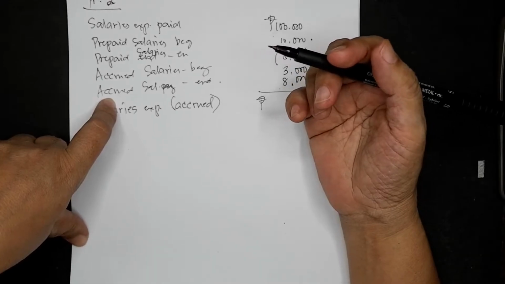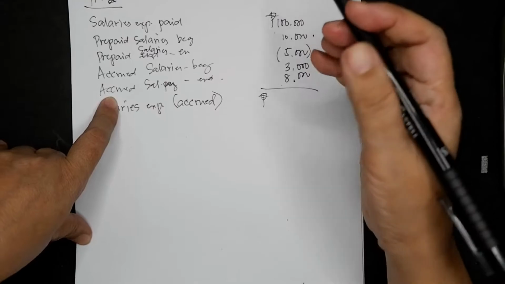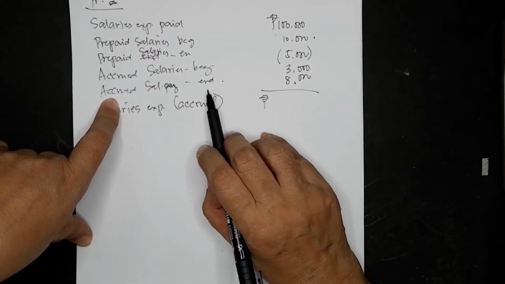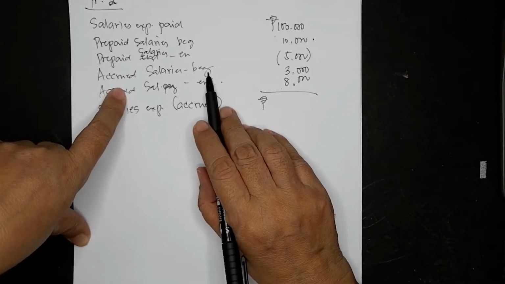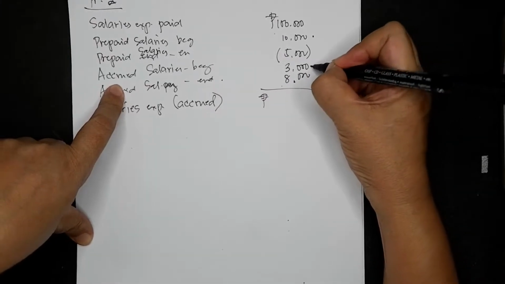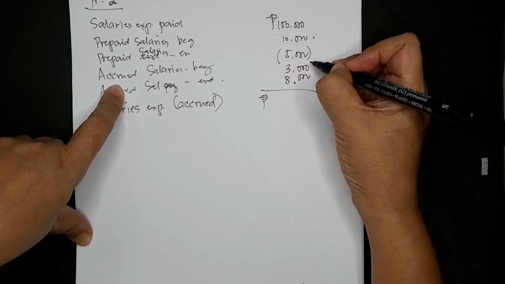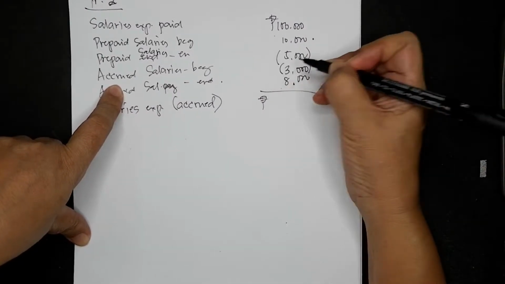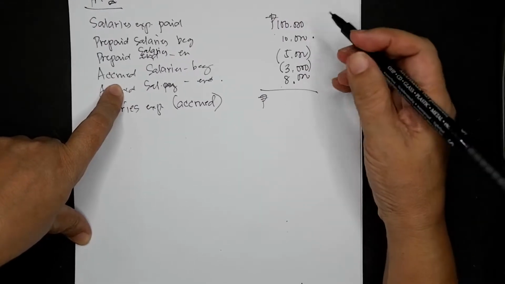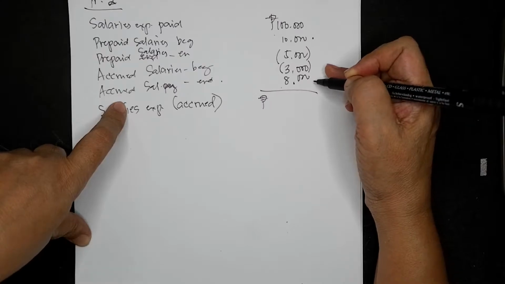Accrued expense is an expense already incurred or used but not yet paid. Okay? Ito pala muna. Accrued salaries beginning, 3,000. So, nangyari ba yan ngayong taon? Hindi. Last year yan nangyari. Utang yan last year. Binayaran ngayon. Okay, so minus.